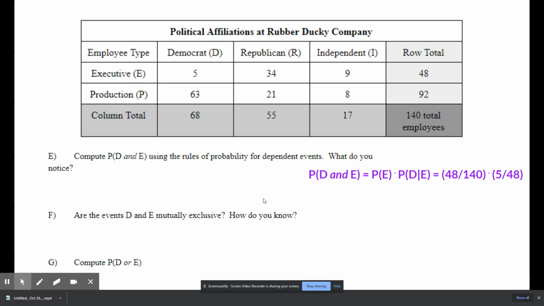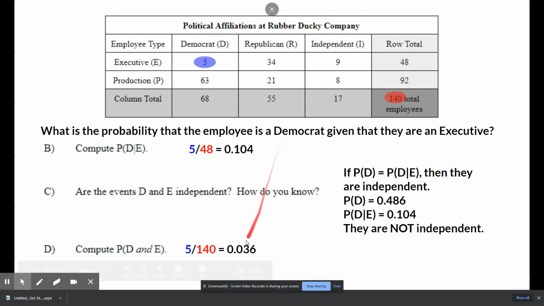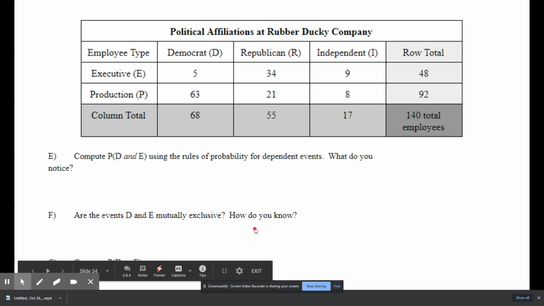So what that means is, if you go back a few pages, if we want a Democrat and executive, we could take the probability of being an executive, which is 48 out of 140, times the probability of a Democrat given they're an executive. So that's 5 out of 48, and we get 0.036 again, which, if you think about it, was exactly what we computed here.